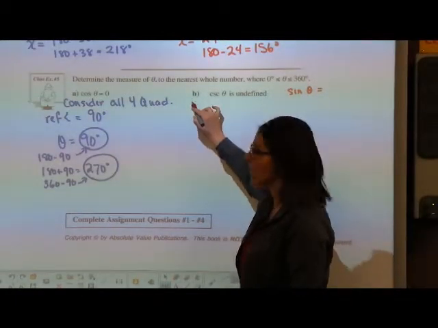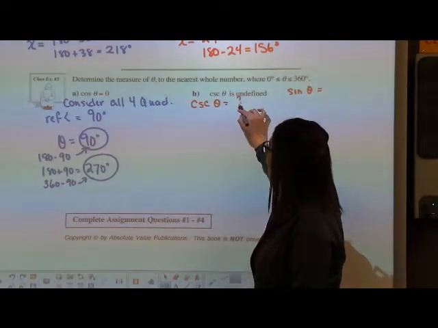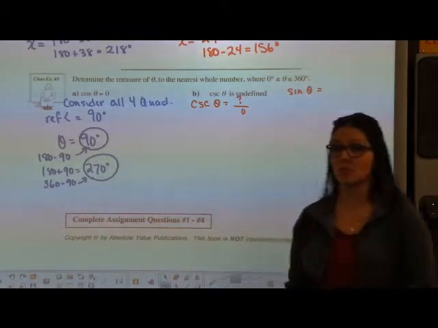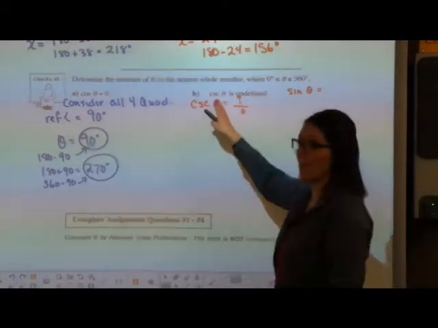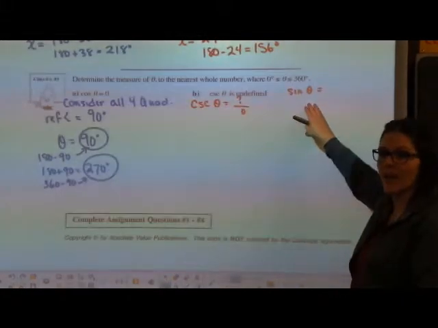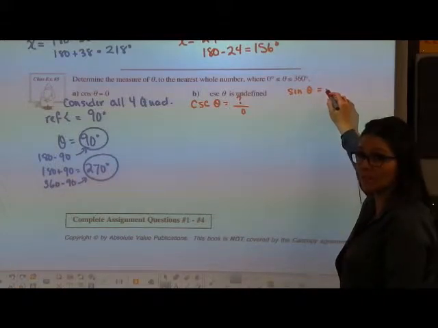When you divide by 0. So this right here implies that cosecant theta has to be some value divided by 0. So if that's what cosecant theta has to equal, what would sine theta have to equal? 0.